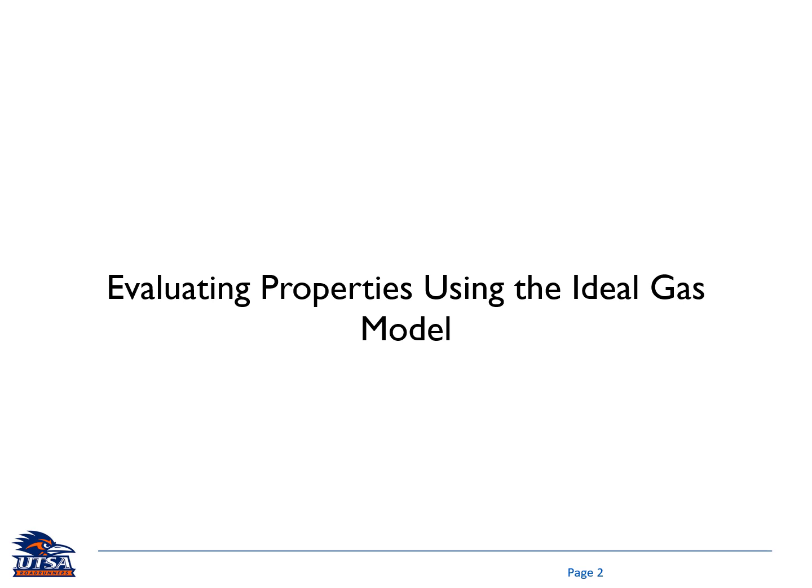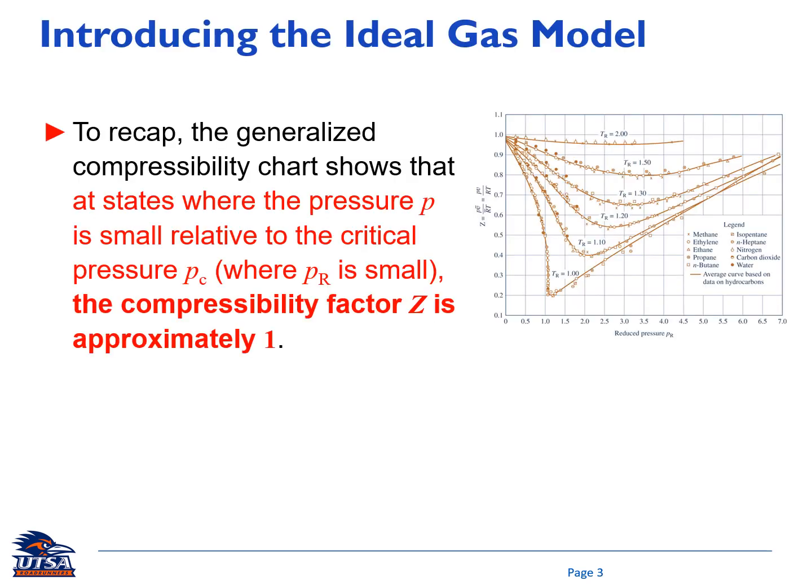Next topic will be evaluating properties using the ideal gas model. So let's go back again to the compressibility chart on the top right figure. Once again, on the horizontal axis we have the reduced pressure, PR.